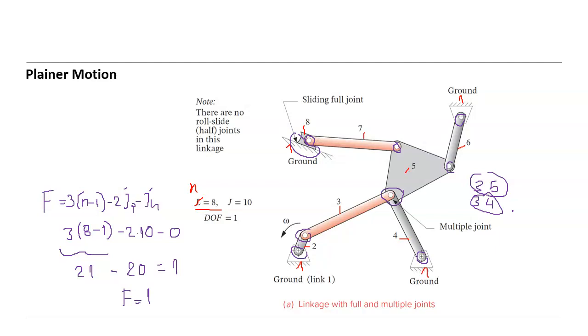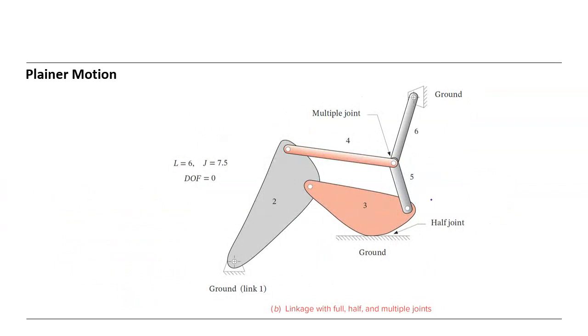I mean, some exceptions, and we will talk about them if we deal with them. This is multiple joint and considered as 1 degree of freedom. Understood.